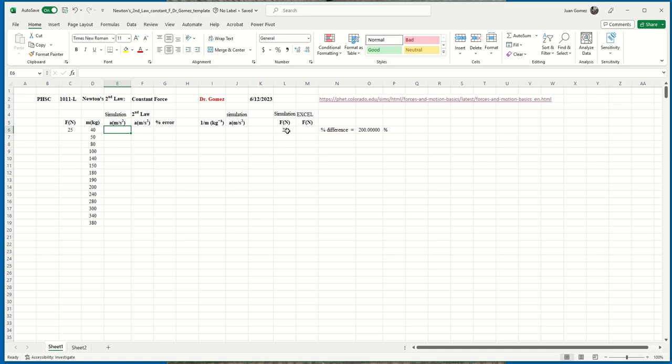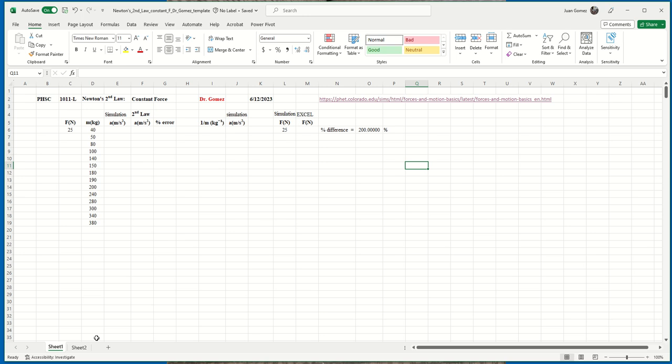So we're going to do the percent difference between L6 and M6. And the percent difference between any two numbers is simply the difference between the two numbers divided by the average of the two numbers. Then just multiply that by 100 to get a percent. So that formula I've already entered into cell O6.